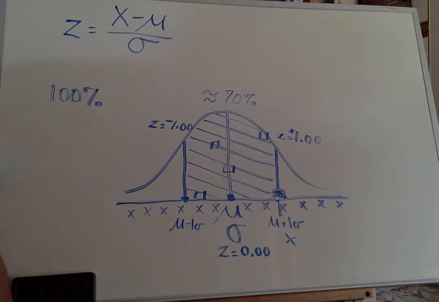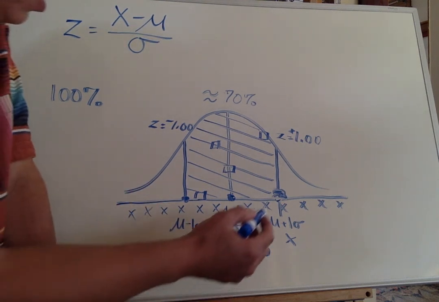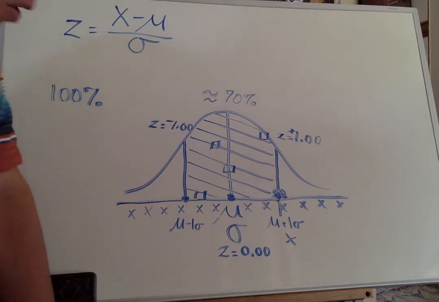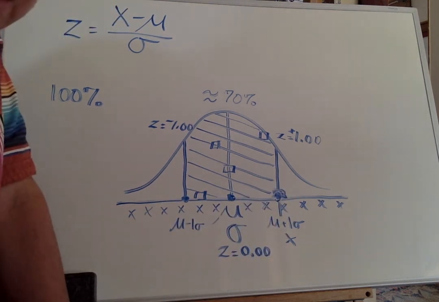Here's the next question. And I would not ask you to think about this if I didn't think that you could figure this out. It's not necessarily easy. It's not straightforward. But let me give you the question here. If somebody was at this score right here, what would be their percentile rank?